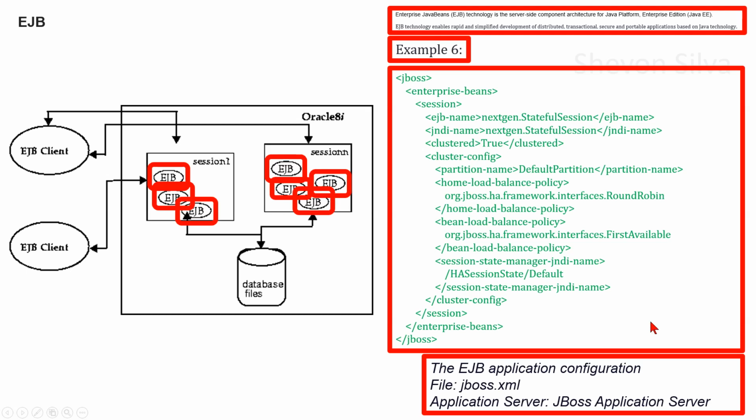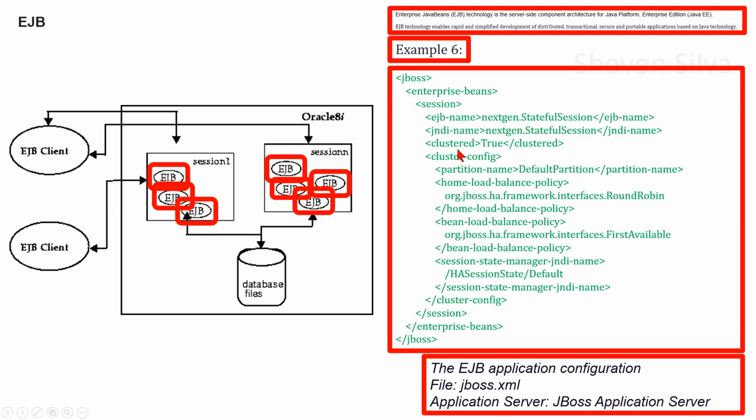In the EJB application, you need to modify the jboss.xml descriptor file for each stateful session bean and add the clustered tag. In the bean configuration, only the clustered tag is mandatory to indicate that the bean works in a cluster.